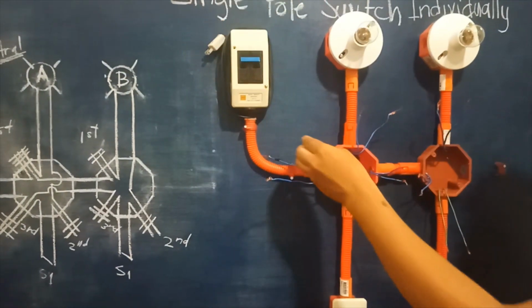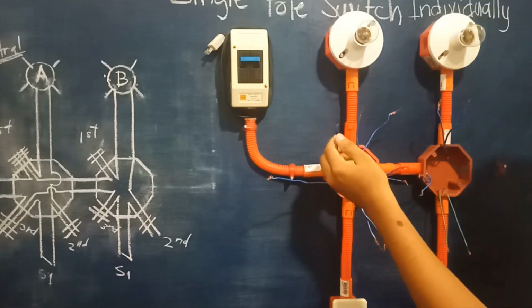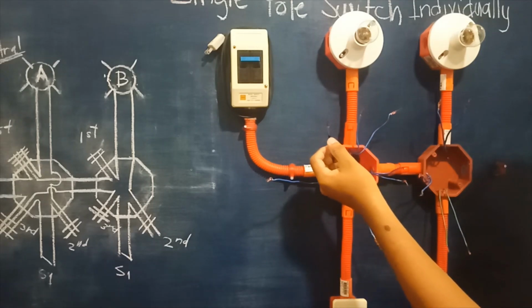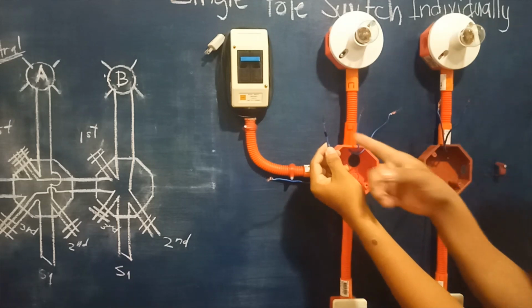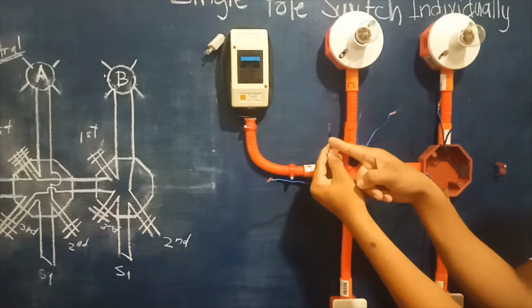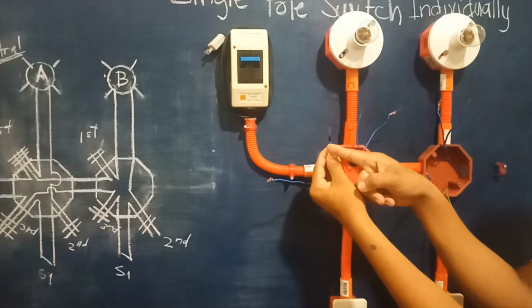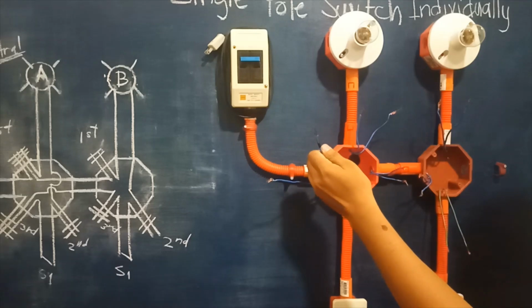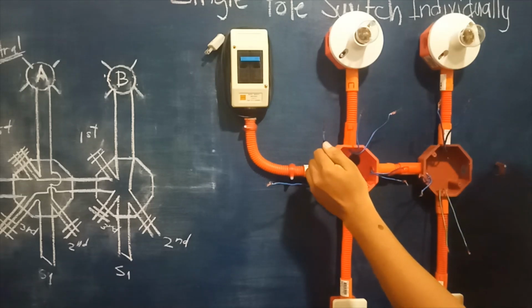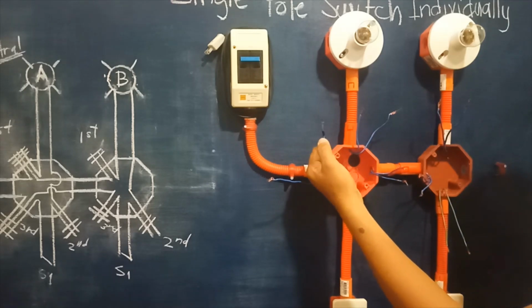This will serve as our source line for line 1 and line 2. So in this case, I identified already our live wire, this one, having this indication using the electrical tape. So meaning to say, with this sign, I consider this already as our live wire.